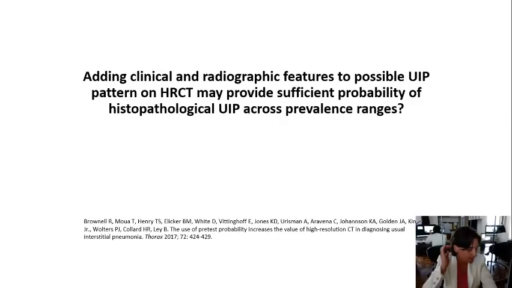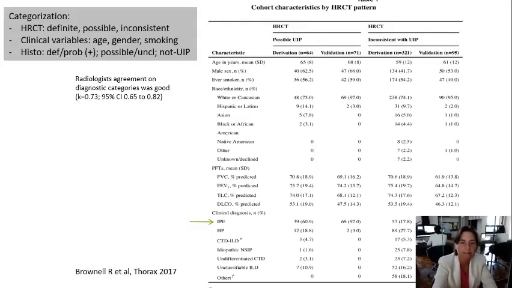There has been a nice study that investigated whether there were features that could provide sufficient probability of having histopathological UIP in patients with possible UIP, and the study was conducted in these two cohorts that had a different prevalence of IPF, 60% in the first cohort and 97% in the second cohort.